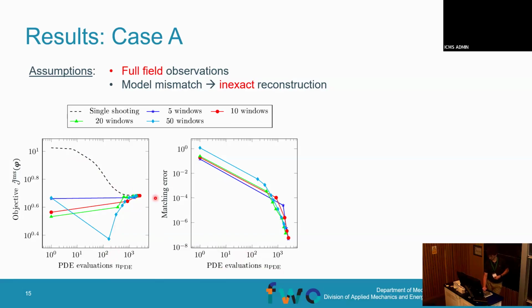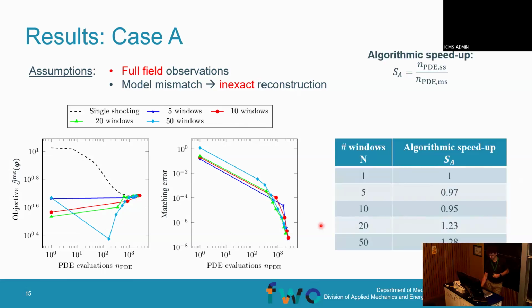So good news, multiple shooting is working. You can see that we achieve the same level of convergence as single shooting, so that's good. Matching error is also small enough based on the sequential cost evaluation that we did. We achieve roughly a continuous trajectory, so that's also good. We also looked into the algorithmic speedups. We achieved algorithmic speedups in the order of 1 or 1.3 for a higher number of windows, which is very good.